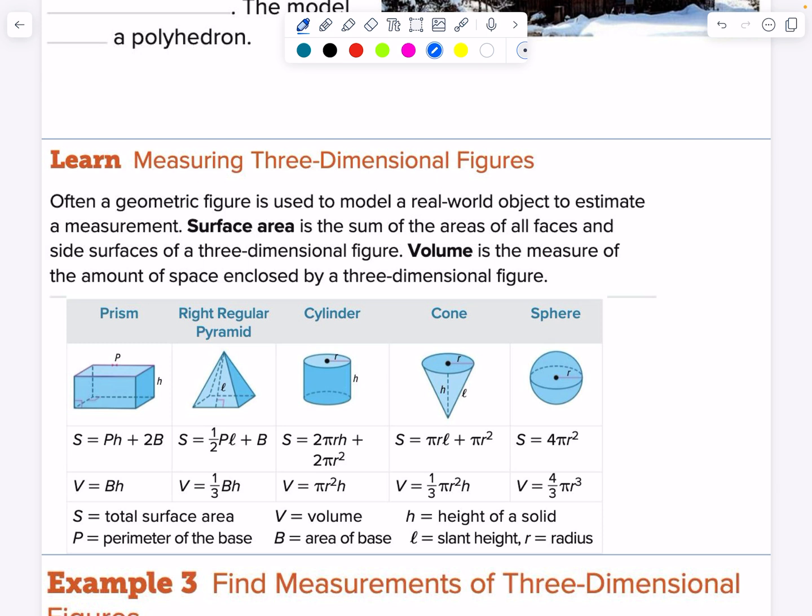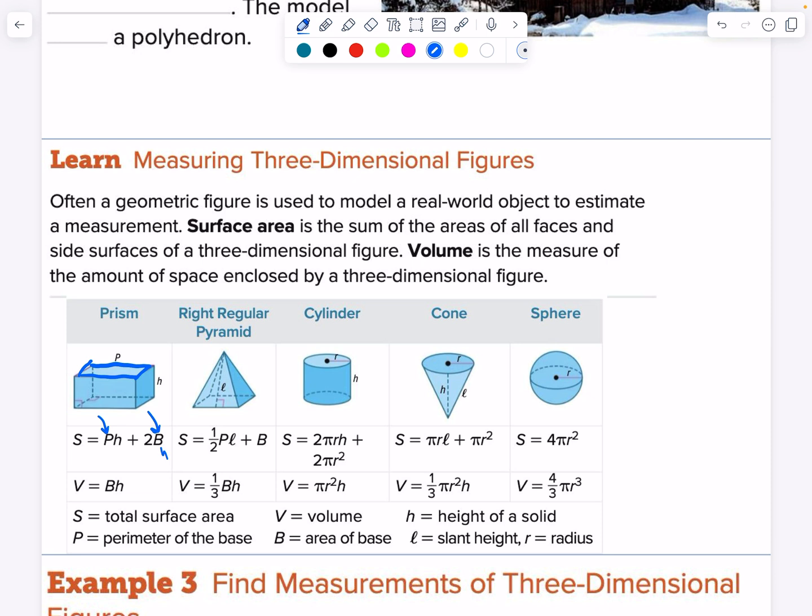Now, one thing I will draw your attention to before you guys pause is everything that is a capital letter stands for something more than one dimension. So for instance, the P in that is talking about the perimeter of your base. So whatever you call your base in that rectangular prism, you need to figure out the perimeter of that shape.